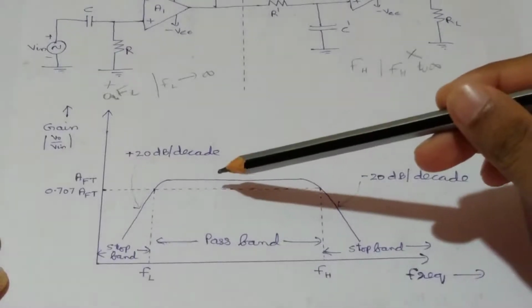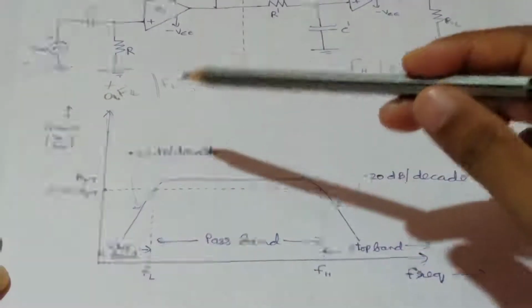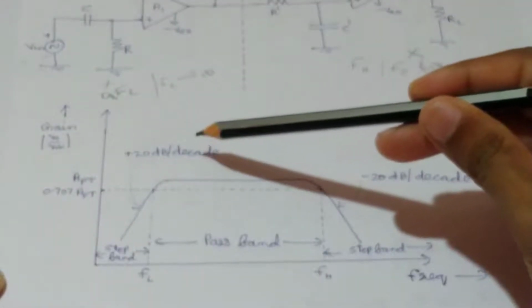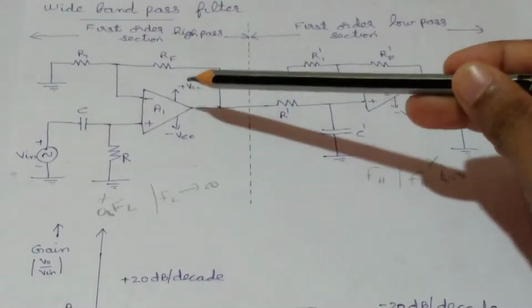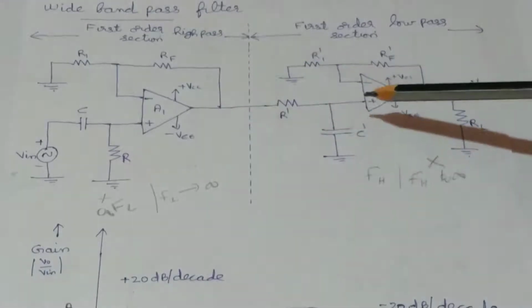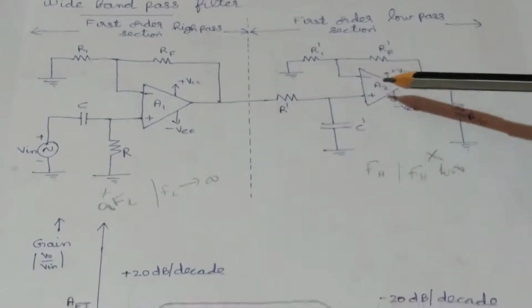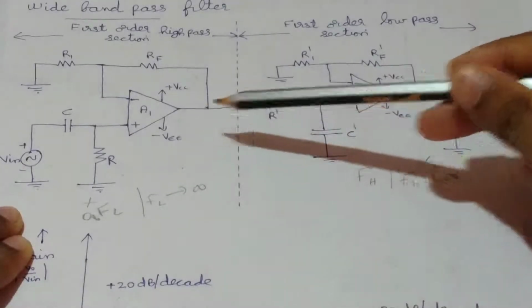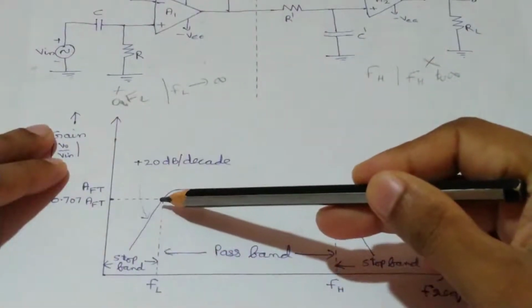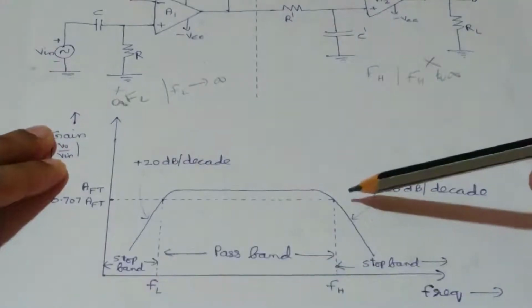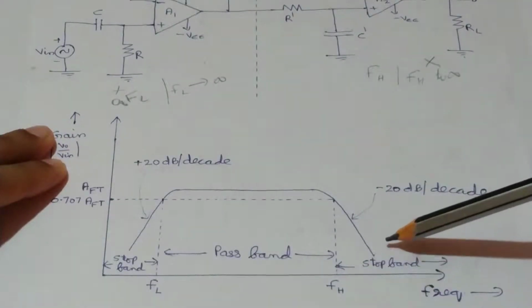If we want to obtain a plus or minus 40 dB per decade wide band pass filter, then we need to use a second order high pass filter and a second order low pass filter. So when we use second order high pass and low pass filters, here it will be plus 40 dB per decade, and here it will be minus 40 dB per decade.